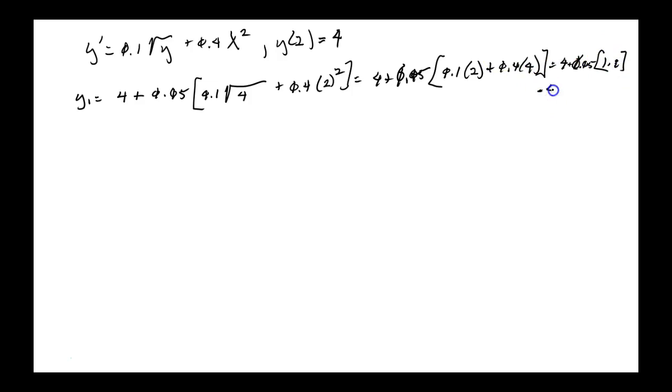So this is going to be 4 plus, now someone do that for me quickly, 0.05 times 1.8. 0.09. Okay, so that would be 4.09.